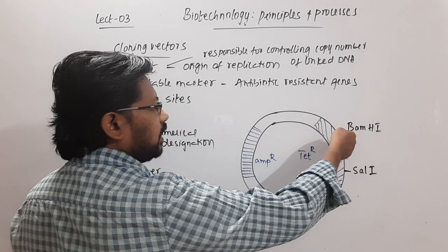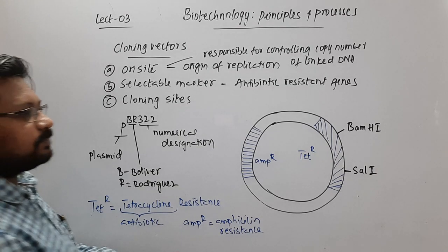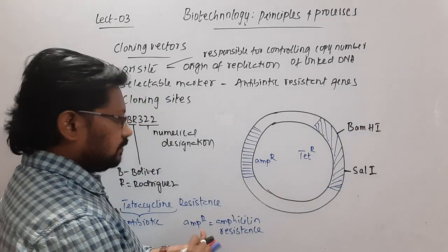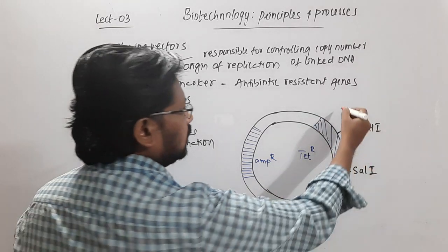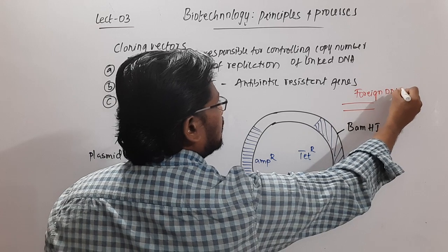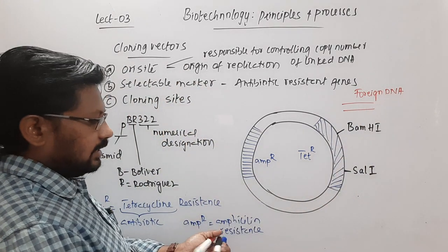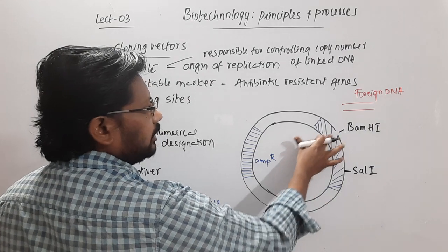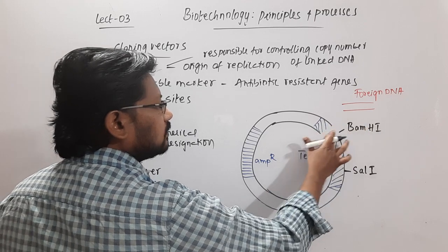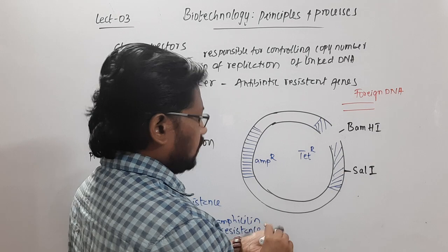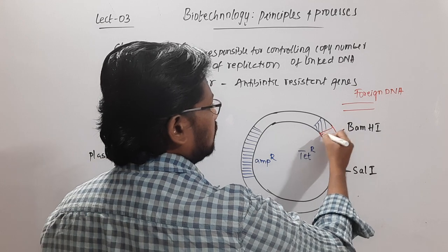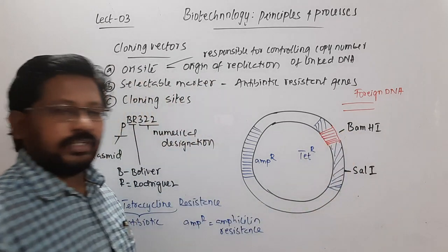If I use BamHI, it will cut at this point, and now I link a foreign DNA. Here is the foreign DNA, and if I link this foreign DNA at the BamHI site, using the restriction endonuclease BamHI, it cuts open the plasmid, and I introduce the gene of interest here.